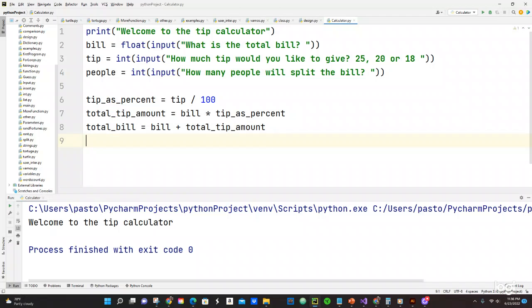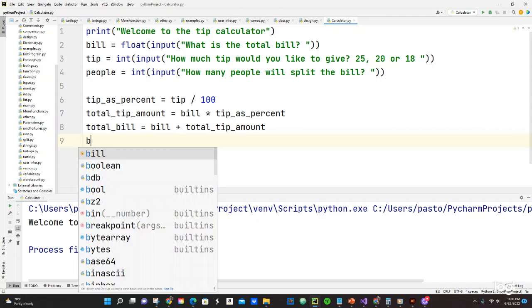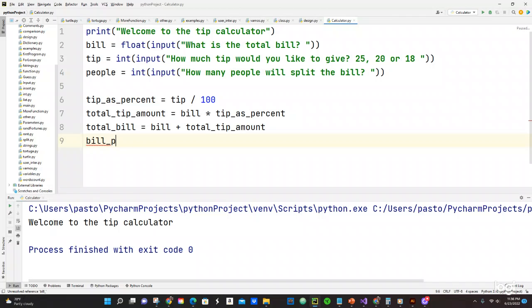Then the next operation is going to be bill per person. For bill per person, we're going to have the total bill, which is right here, divided by people, like how many people are going to be paying, 2, 3, 4, 5.